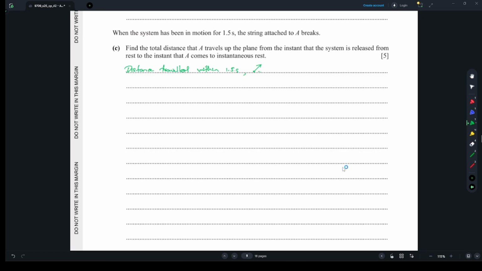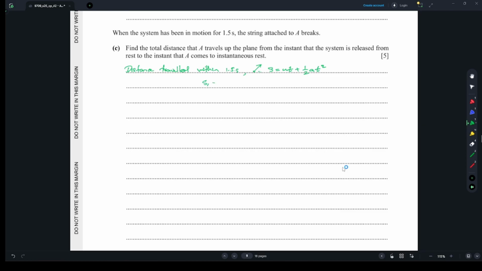So what are the main things you should know? We have to find the distance S. We know the initial velocity, which is 0, start from rest, and we know the time and the acceleration. So you can use S equals ut plus half at squared.